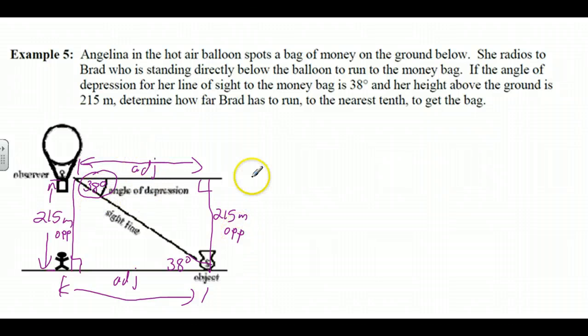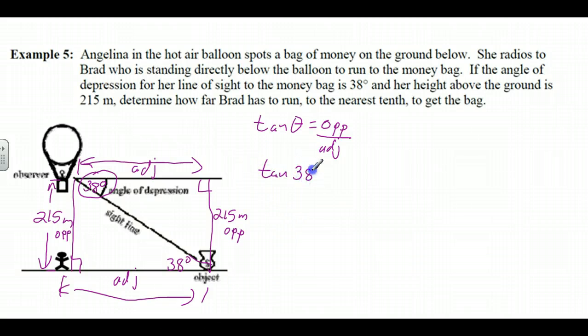We have opposite. The trig ratio that we're going to use, which relates, so tan theta is opposite over adjacent, right? So the problem solving step is to figure out which trig ratio, what information do we have, which trig ratio are we going to use, substitute in what we know.